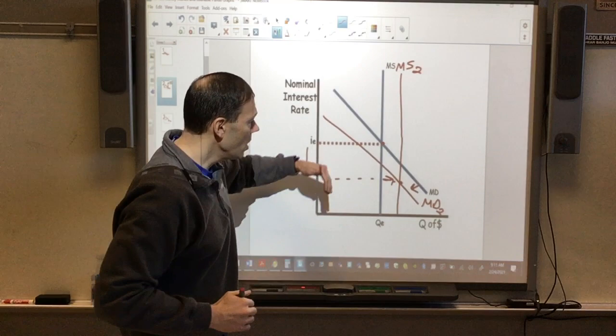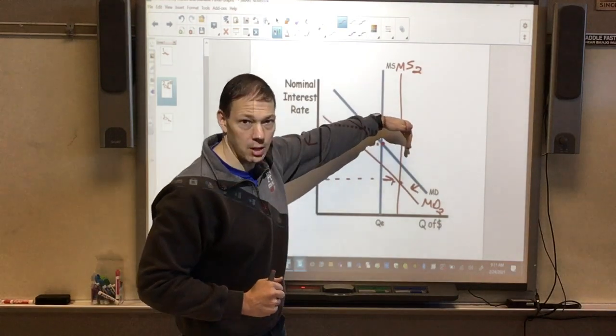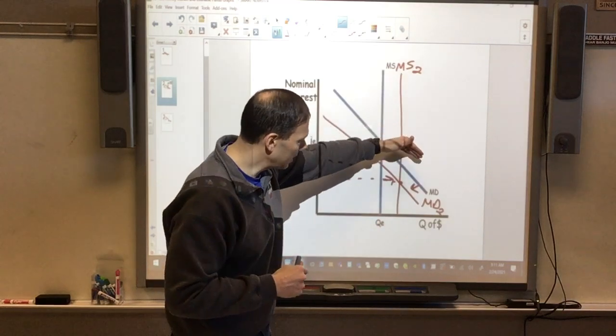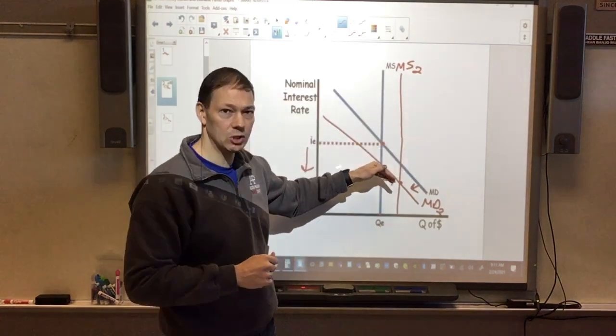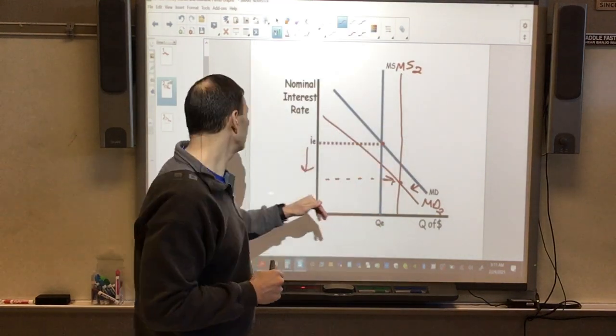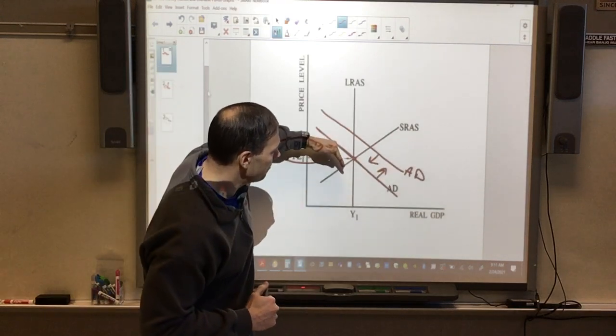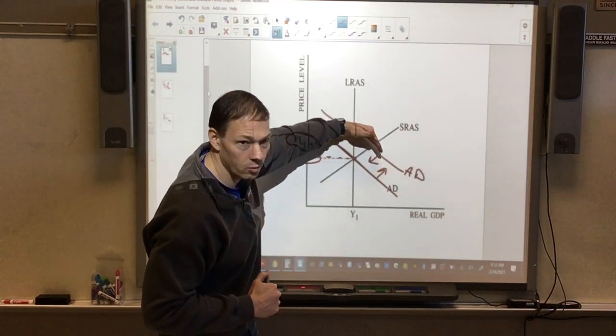So in other words, we want expansionary monetary policy, that's what would boost AD, but then we want contractionary fiscal policy. The expansionary monetary policy would make AD increase.